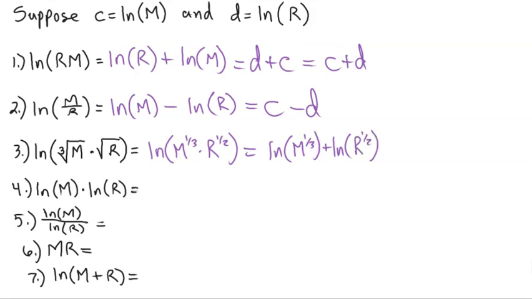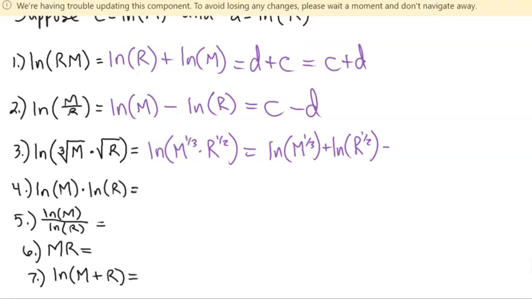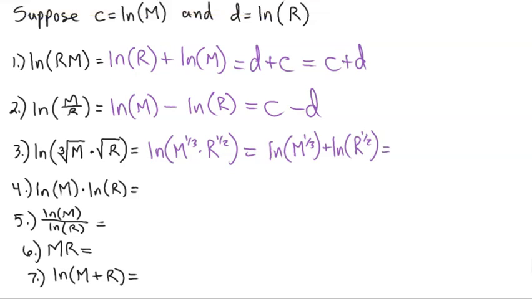We can move these exponents to the front, and this will become 1/3 the natural log of m plus 1/2 the natural log of r, which, natural log of m is c, natural log of r is d, so this is 1/3 c plus 1/2 d.